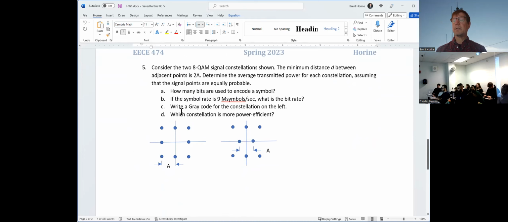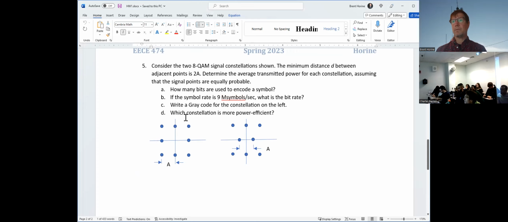You can look at the number of symbols here and figure out the number of bits that are used to encode each symbol. From that information, you should be able to calculate the bit rate given the symbol rate. These are symbols, remember, right? Write a gray code for the constellation on the left, right?